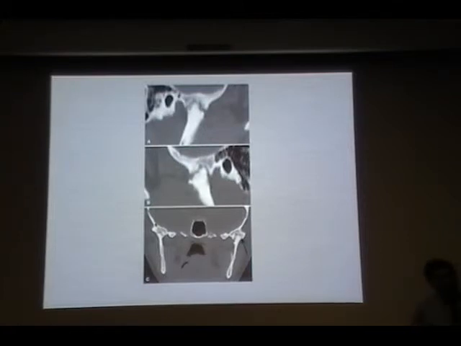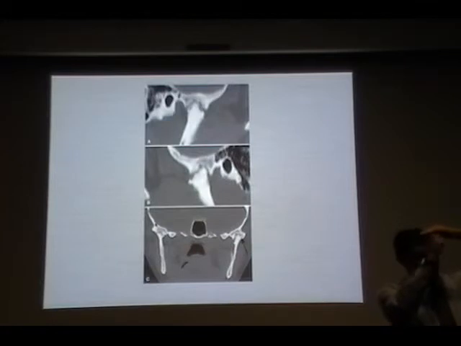So when you look at the condyle, what you should be looking at is the head of the condyle, the glenoid fossa, the space between the glenoid fossa and the head of the condyle, and how thick that is. And when you are looking at the MRI, you have to look whether the head of the condyle, when it's open, is moving, translating or not, and then in the closed position, it's coming back up.